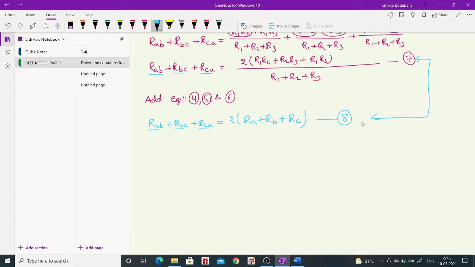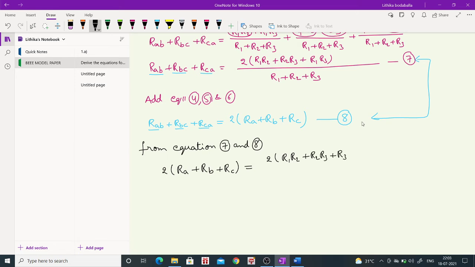From equations 7 and 8, what you get is 2 times RA plus RB plus RC is equal to 2 times R1 R2 plus R2 R3 plus R3 R1, or R1 R3, anything you can write, divided by R1 plus R2 plus R3. Now both sides have 2, so these 2 will cancel.